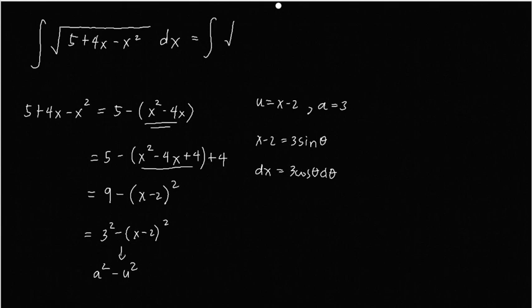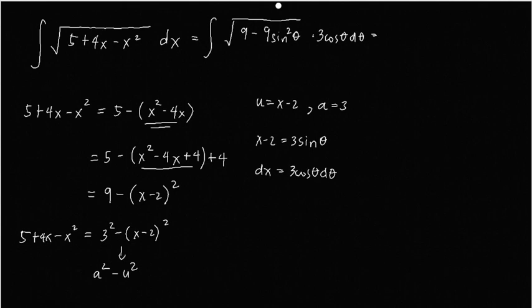So 5 plus 4x minus x squared is already this one. You have 3 squared, which is 9, minus x minus 2, which can be represented by 3 sine theta, squared, that is 9 sine squared of theta. Then dx is 3 cosine of theta d theta.